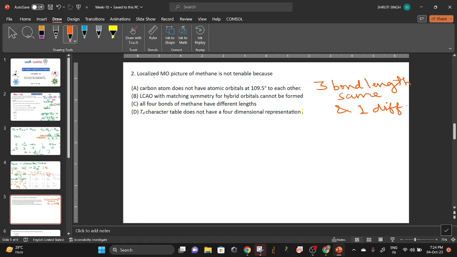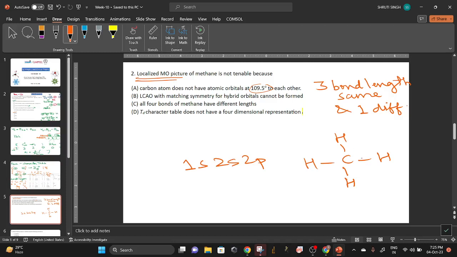So this localized MO theory does not hold because, first of all, the carbon does not have atomic orbitals pointing the right way. If this is carbon, what atomic orbitals does it have? 1s, 2s, 2p. So if we have to make CH4, the bond angle in CH4 is 109.5 degrees.